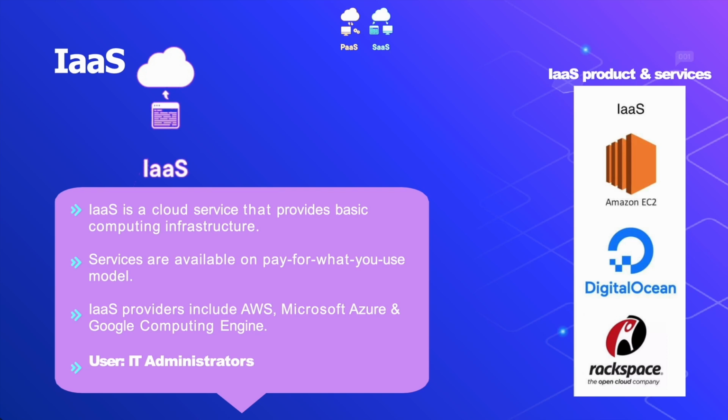Examples of infrastructure as a service services are virtual machines, servers, networking, operating systems that power workloads. Leading providers are Amazon AWS, Microsoft Azure, Google Cloud, Google Compute Engine. Typical users of infrastructure as a service are IT administrators who are in charge of infrastructure operations.